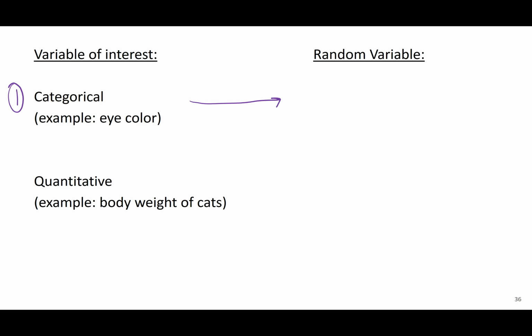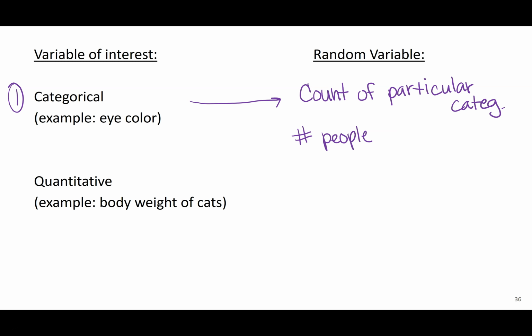Typically my random variable will be the count of a particular category. In general, you're just going to pick one category. Maybe I'm interested in the number of people with brown eyes. I'm just going to ask 20.